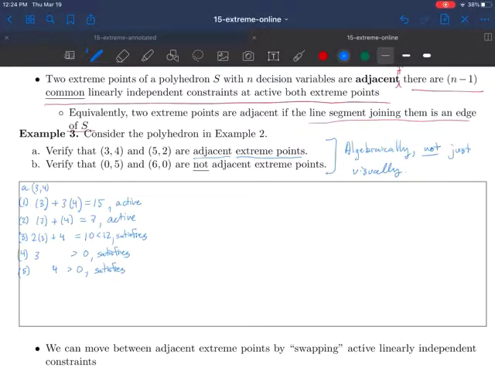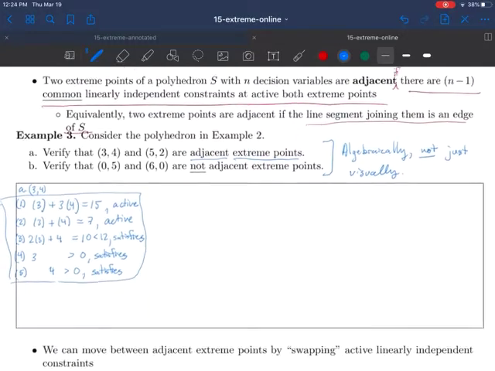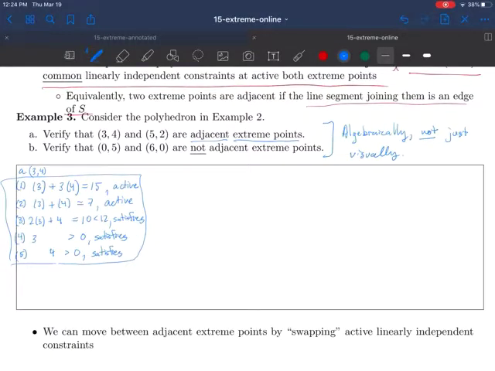Let's stop there and note that we have different definitions wrapped up in the definition of basic feasible solution, and you can satisfy different parts of that at any point. Right away, just algebraically, we know that 3, 4 is feasible.